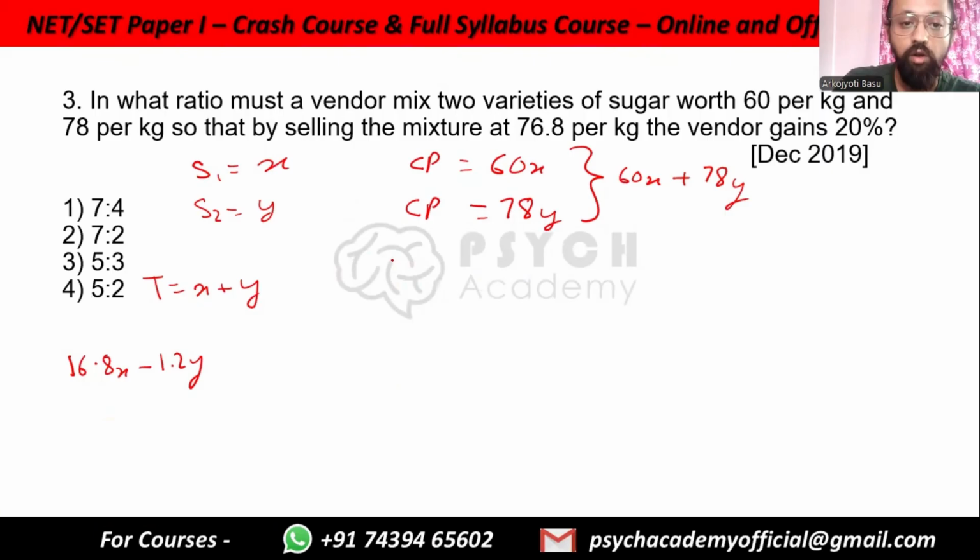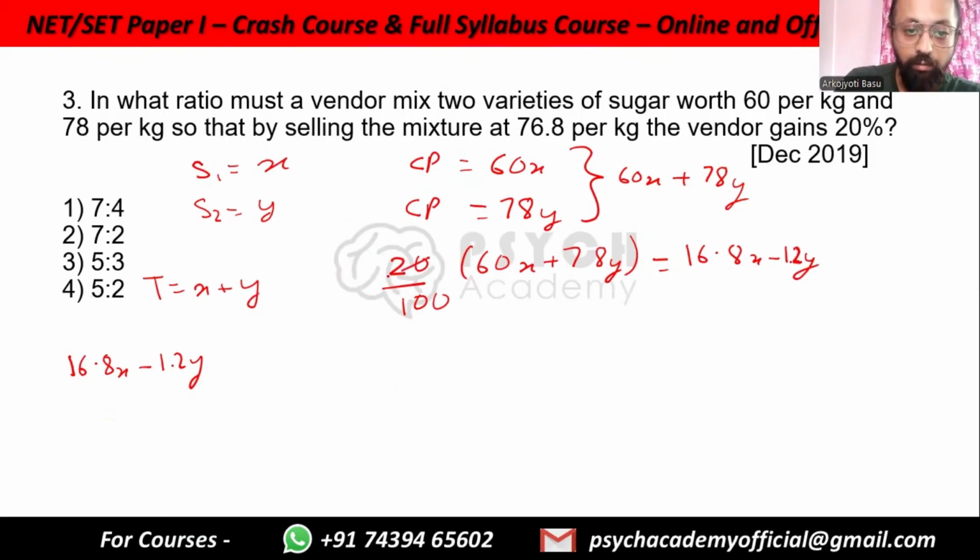So basically, 20% of (60x + 78y) is equal to 16.8x minus 1.2y. 20% means divide by 5, so 60x + 78y is equal to, we'll multiply it by 5. 16.8 into 5 comes to 84x, minus 1.2 into 5 is 6y.